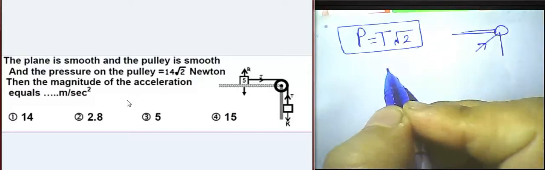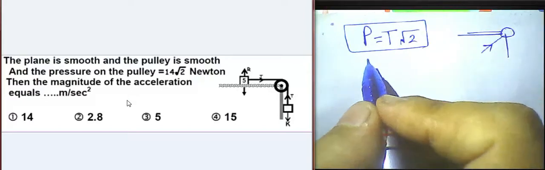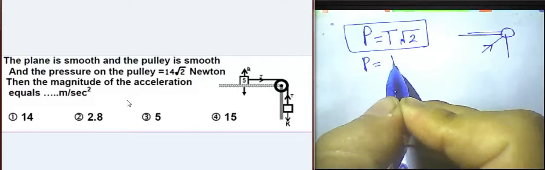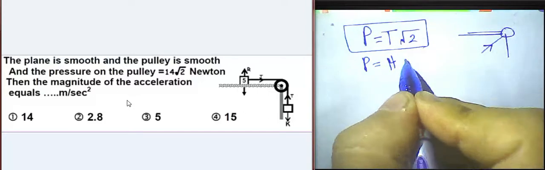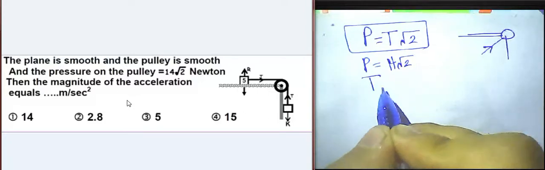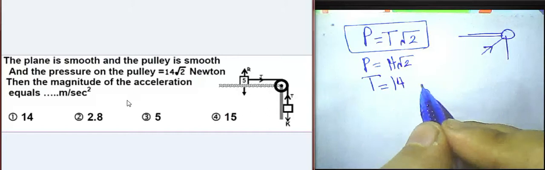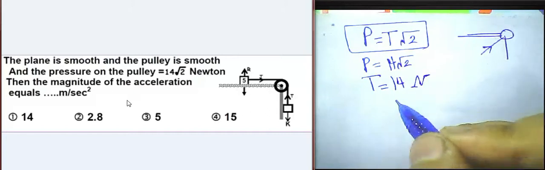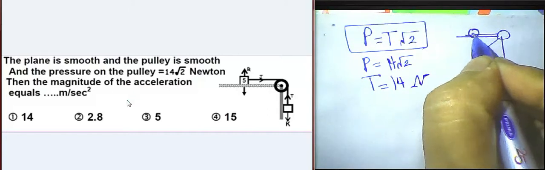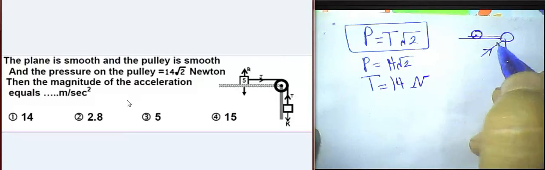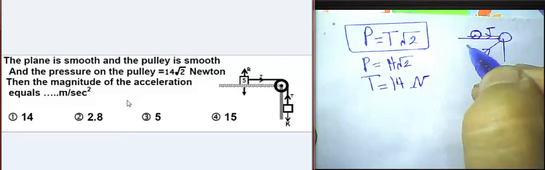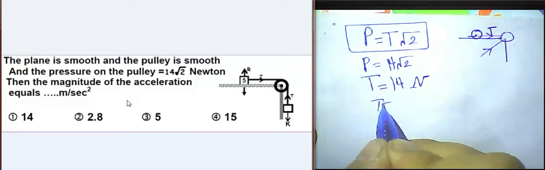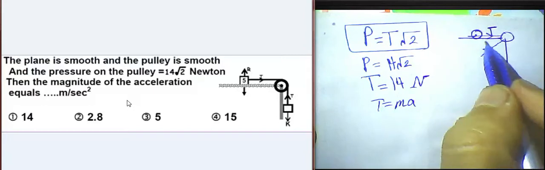It's the pressure. He gives us the pressure, which is 14 root 2. Then the tension will be 14 Newton. We have the tension here, and we have the body here. The tension will be equal m multiplied by a.